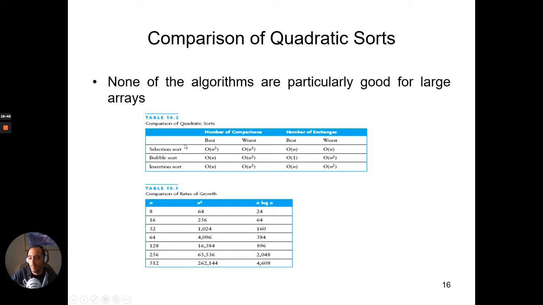So if you ask, under what situation would selection sort be better than bubble sort? Well, it's not this situation, not this situation, not this situation. Really, it's only when you look at the worst case for number of exchanges that selection sort could potentially be better. And so you can see that there will be a scenario or a case for each of these types of sorts.